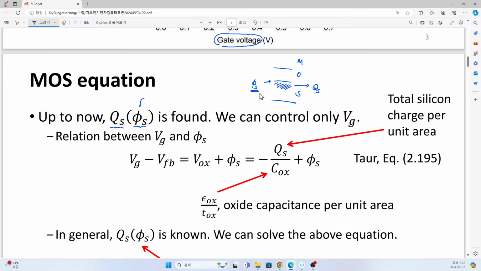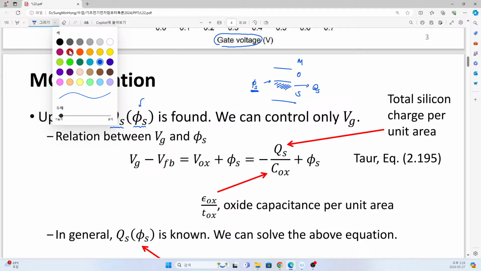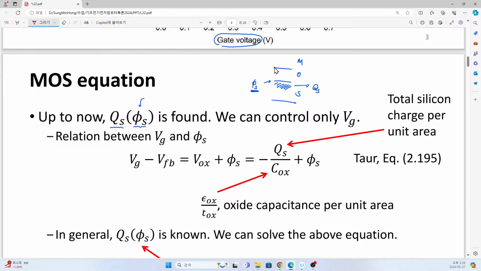For example, can we attach a contact to this surface? Actually not. What we can do is just change the voltage of the metal part or substrate, but the substrate is regarded as a voltage reference, so it is grounded, and we change the voltage applied to the gate terminal. So VG is controlled.